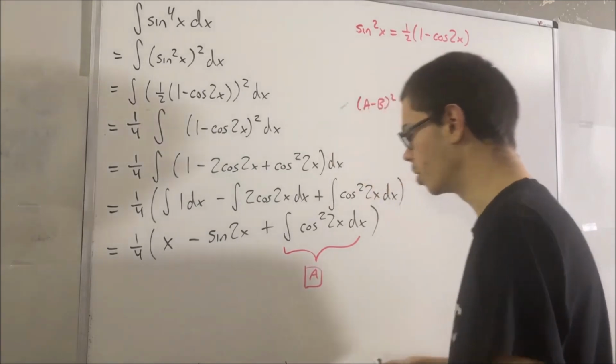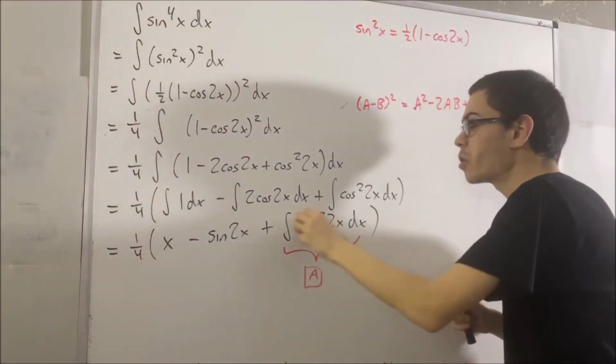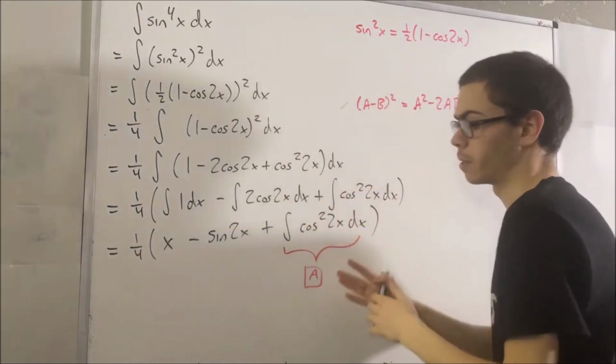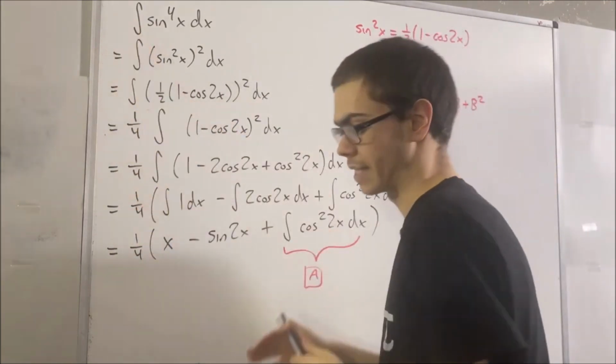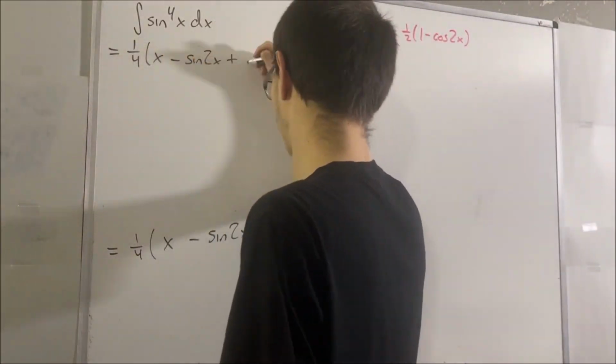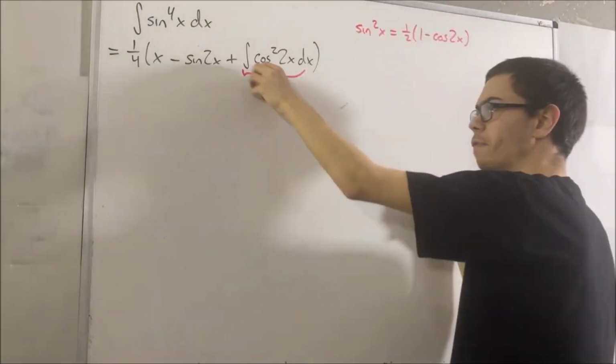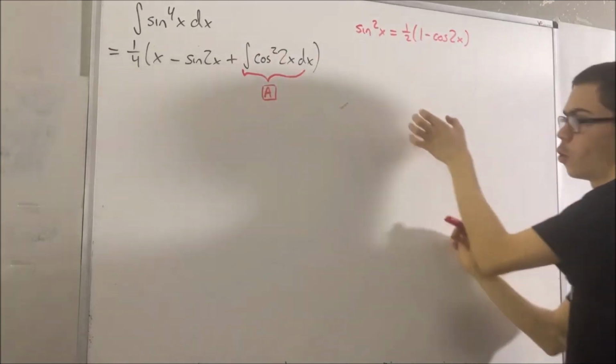And so what we're going to do is move back up to the top and evaluate this integral separately from the problem. So let's first just move back up to the top. And now we're going to evaluate integral A separately over here.